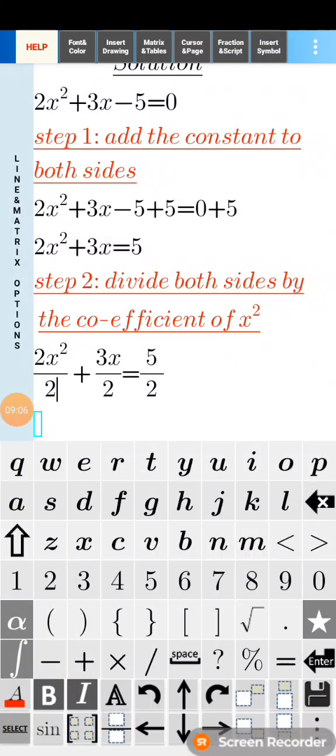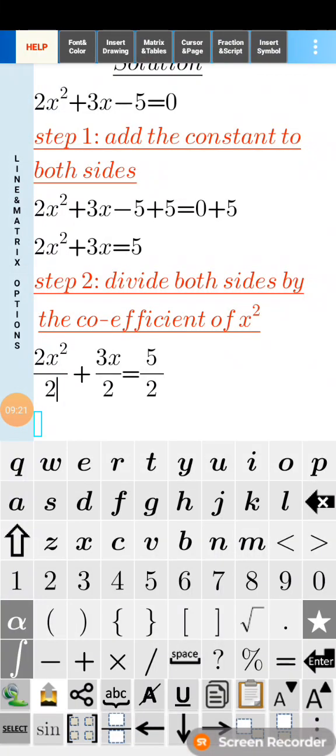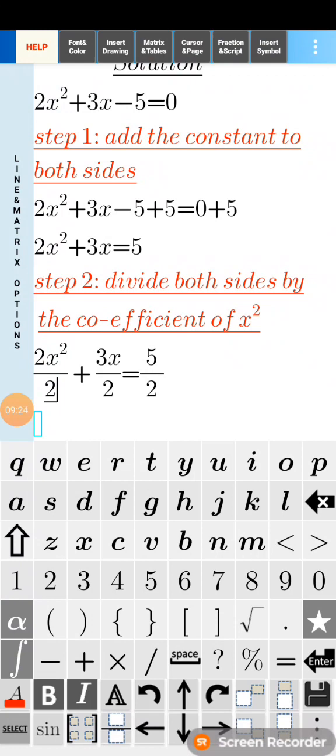I will start from the denominator, which is 2. 2 in 2 will give me 1.